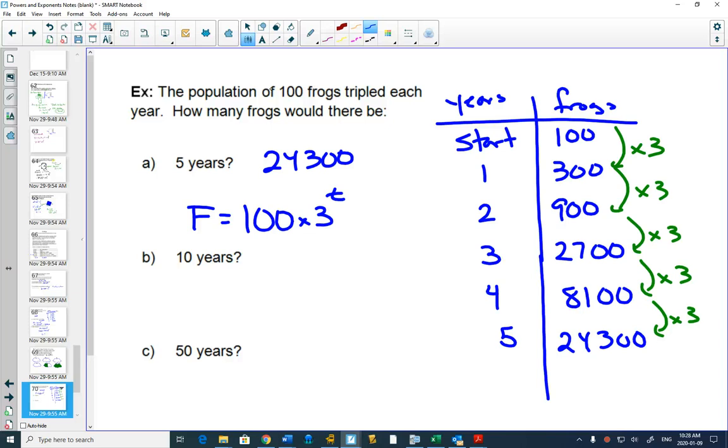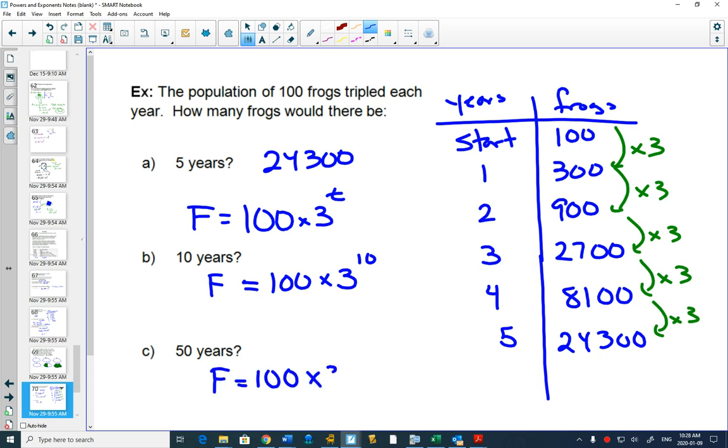At the end of 2 years, you've multiplied by 3 twice, so that would be 3 squared. At the end of 3 years, you multiply by 3 three times. If you want to figure out 10 years, you could keep going with the chart, but recognizing the pattern makes it a lot quicker. How many frogs would there be in 50 years?